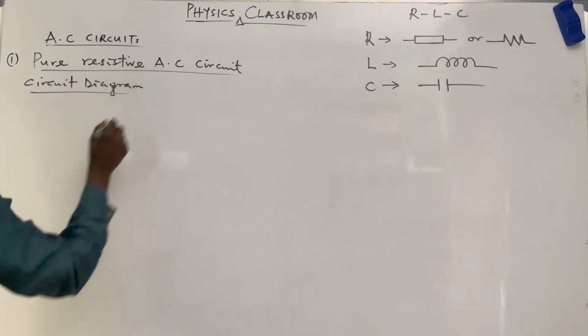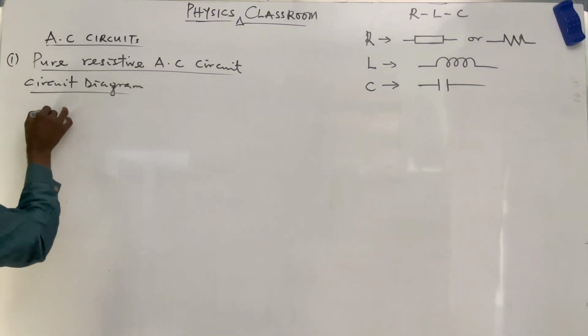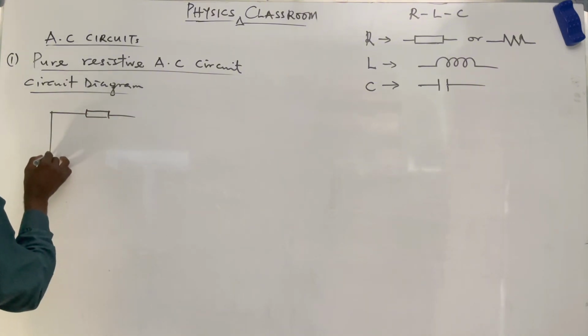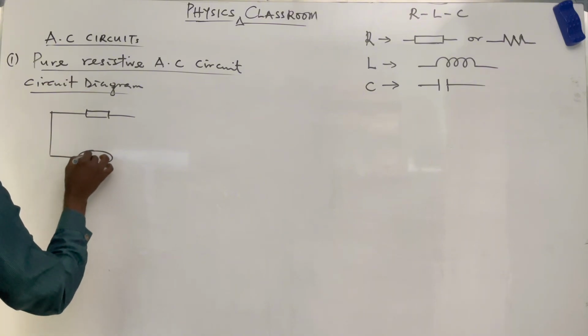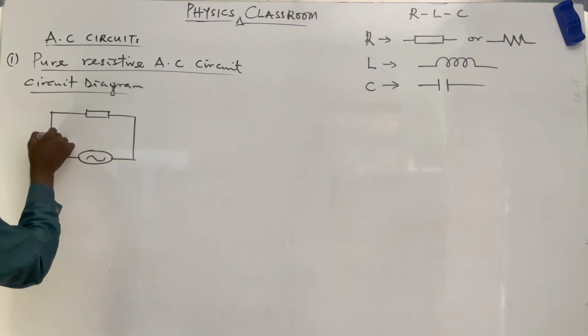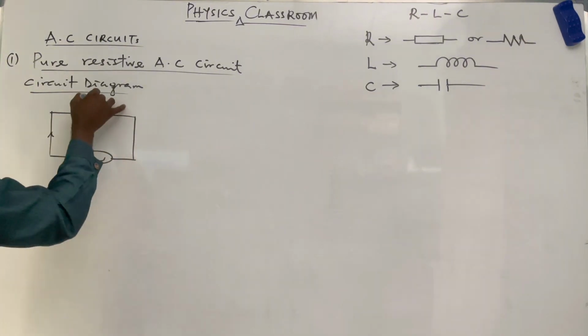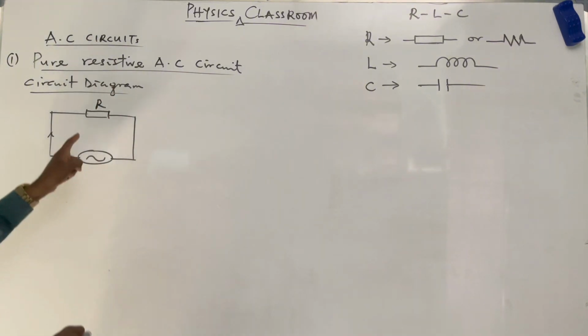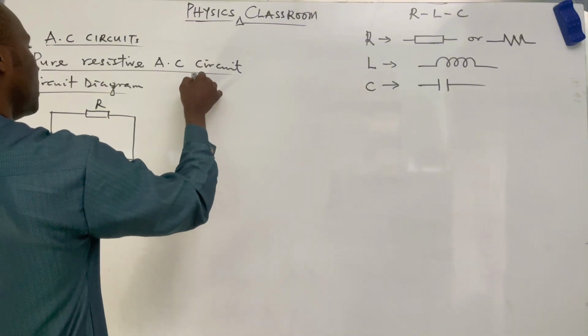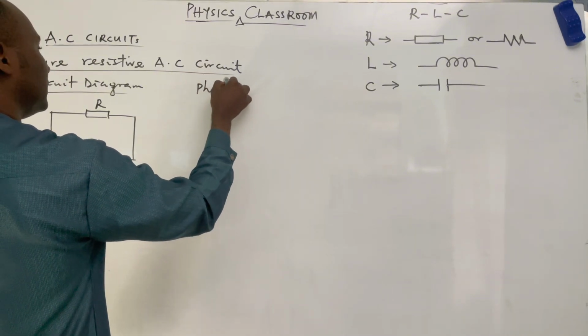And how do we have it? It's just like this. This is a circuit diagram. This is your resistor.